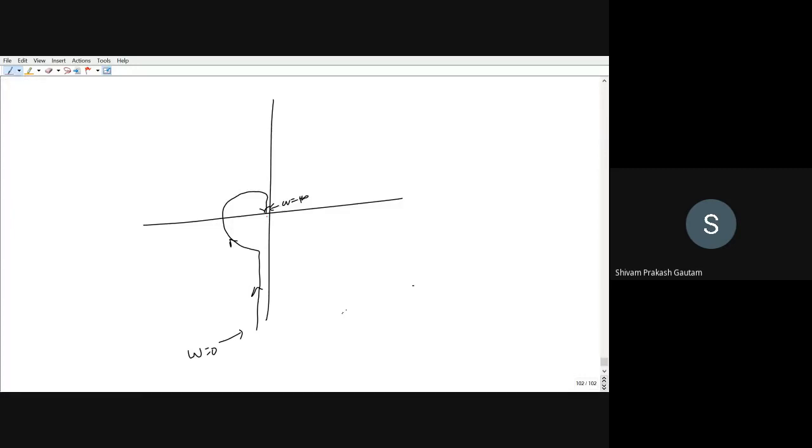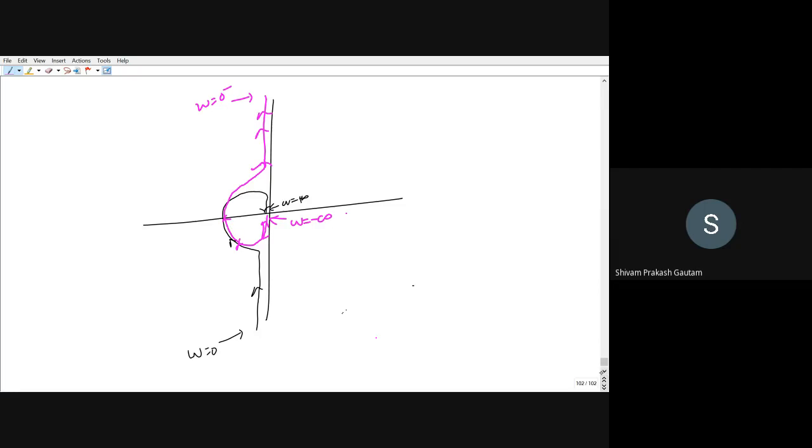How will the mirror image look? You can just have a look. This is how the mirror image will look. So this frequency is omega equal to infinity minus, and this frequency is omega equal to 0 minus. Okay, sir.